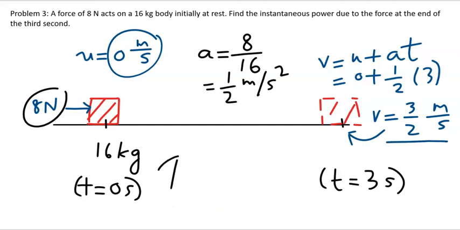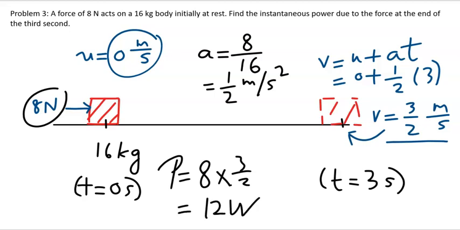So now the instantaneous power is quite simply the force that's acting on it, which is 8, times 3/2, which is 12 watts. So this is essentially the force dotted into velocity.